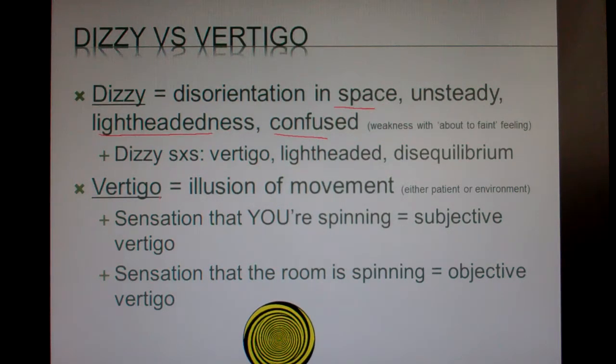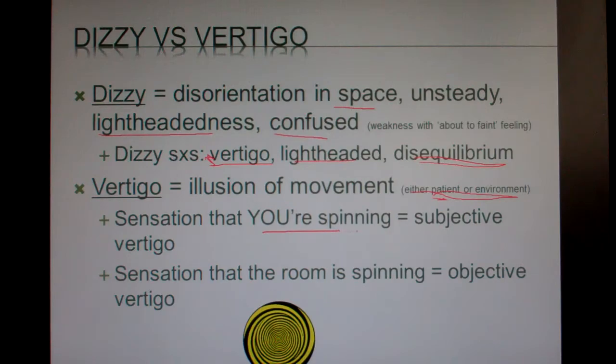Now, let's mention these signs and symptoms: lightheadedness, disequilibrium, or about ready to fall over. Vertigo is a sign and symptom of dizziness. Okay, what's vertigo? Well, vertigo is things are moving, either the patient or the environment.